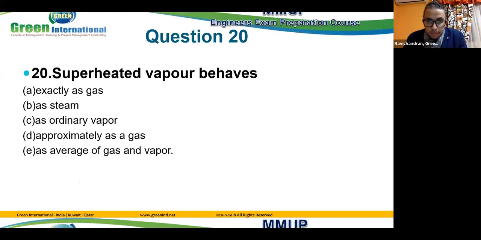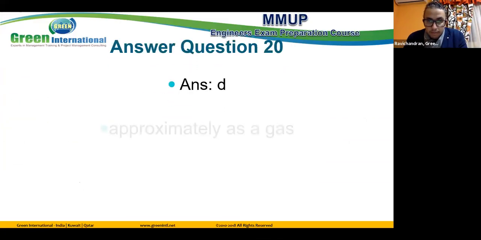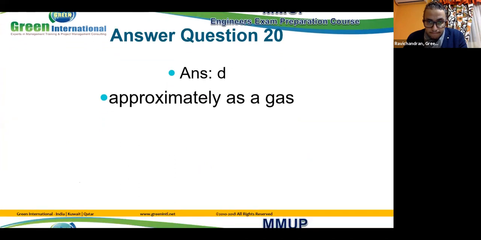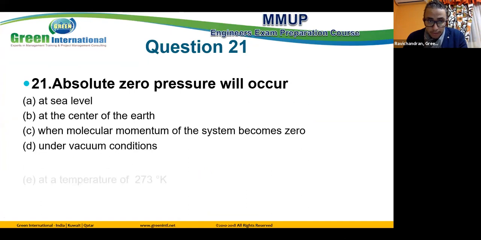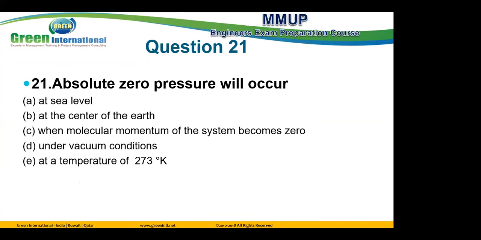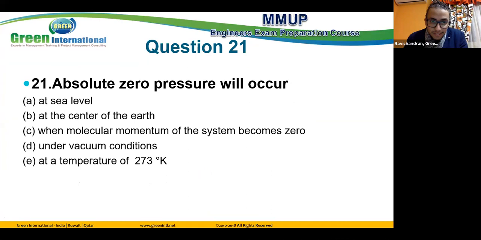Absolute zero pressure will occur when... Under vacuum conditions, D. Under vacuum conditions. But C?